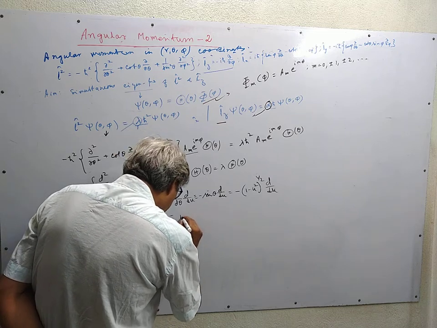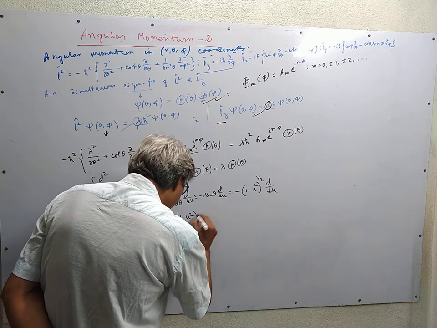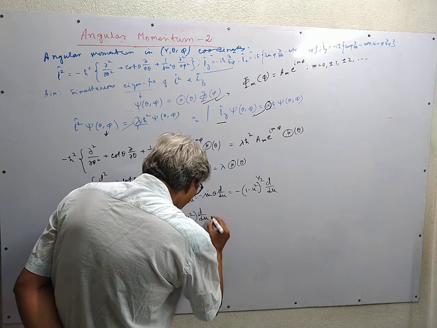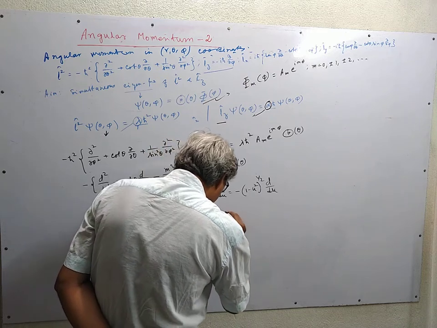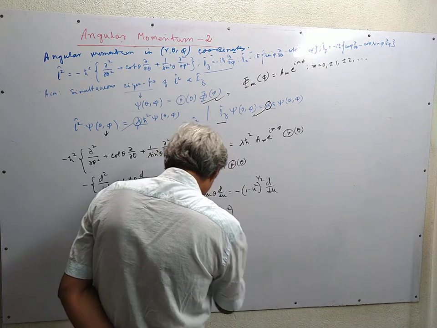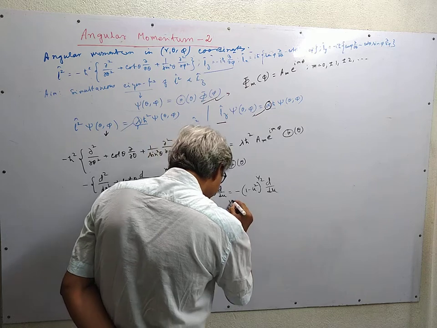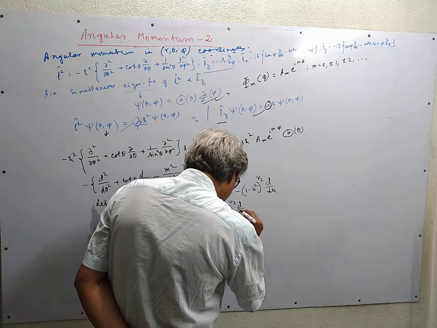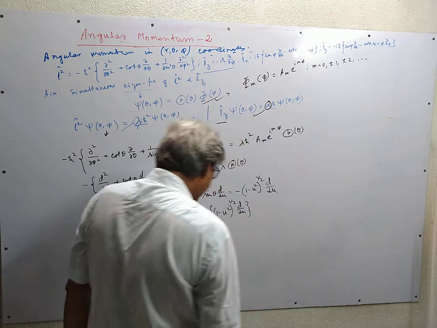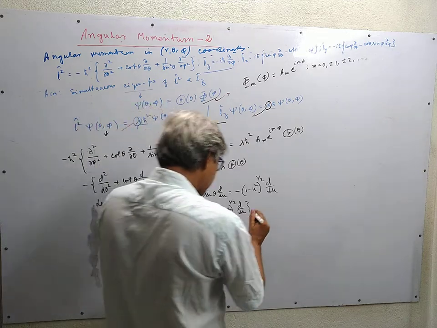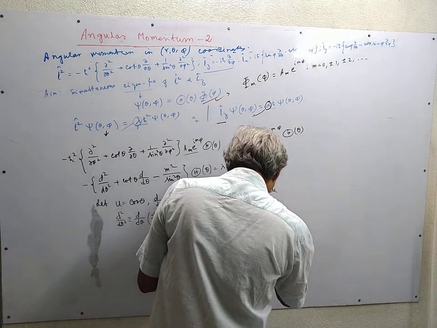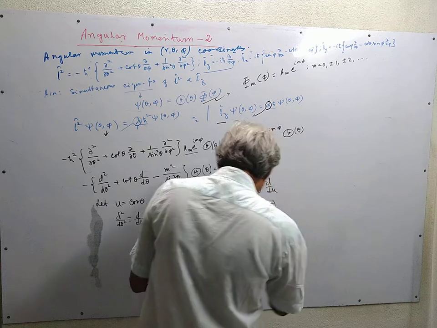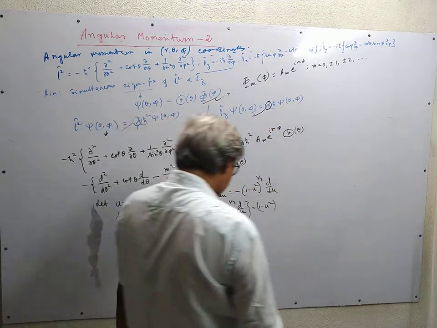So it is 1 minus u square to the power of half d by du operating on 1 minus u square to the power of half d by du. There are two terms. When this operates, we get 1 minus u square, because two halves make it power 1.